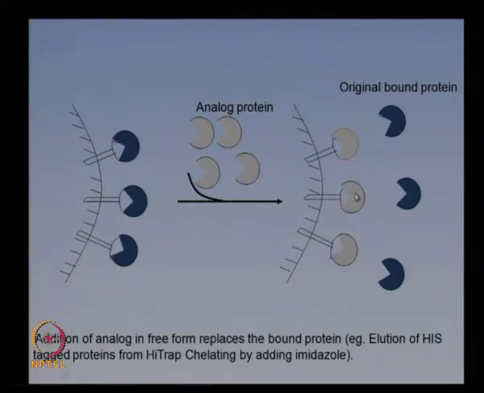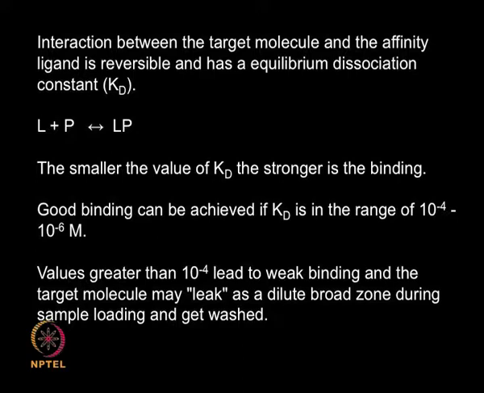So that is another approach. So we see so many different approaches. We can change the pH, we can have a protein which is analogous to the original protein, we can have this ligand which is immobilized in the free form, we can change the salt concentration. So by doing all these we are disrupting whatever has been adsorbed from the adsorbed state into the free form.